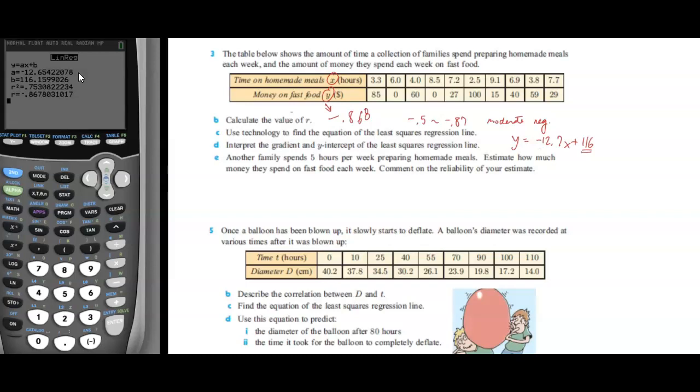What does the gradient mean? The gradient means that for every certain x value, a y value changes. So for example, if the time on homemade meals goes up 1 hour, then the money on fast food goes down $12.70.